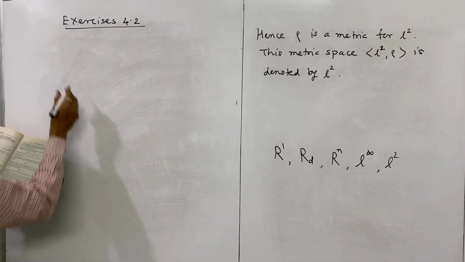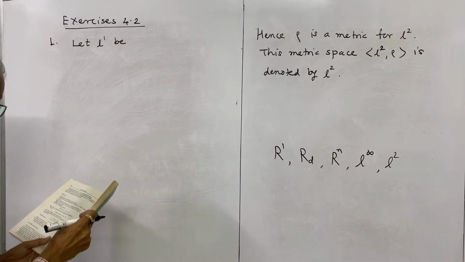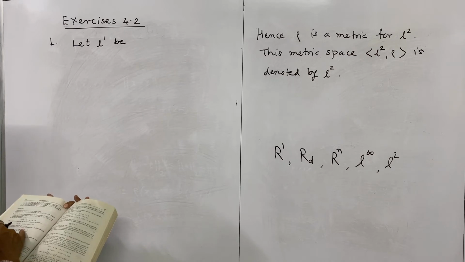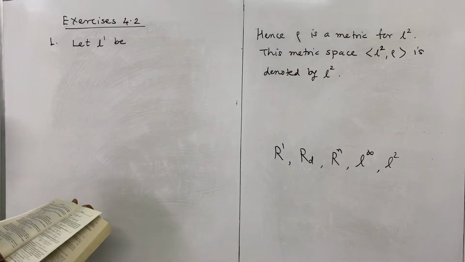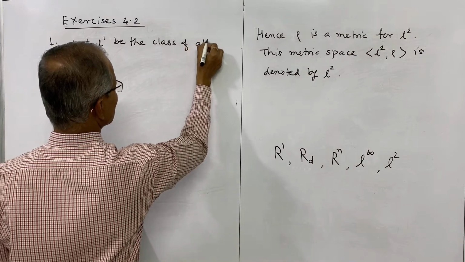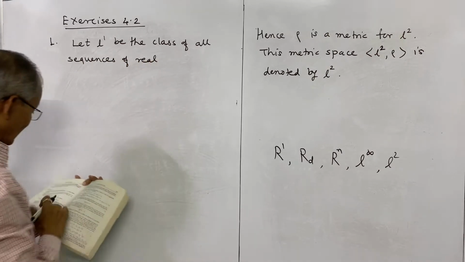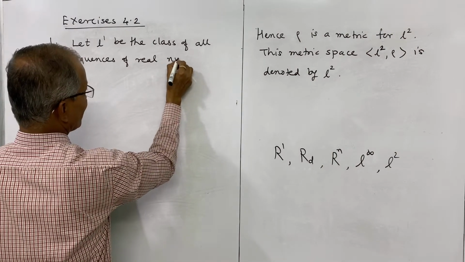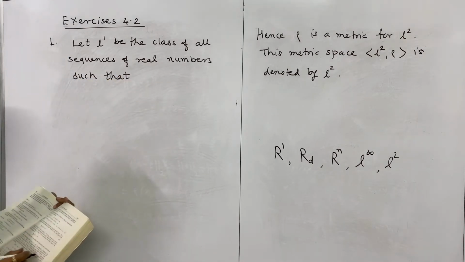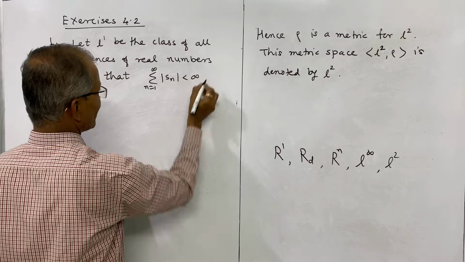The problem is: let L1 be the class of all sequences Sn of real numbers such that the summation of absolute value of Sn is less than infinity.